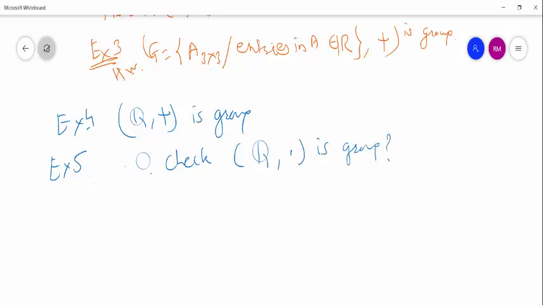Here the binary operation is given as multiplication. So we can say the closure property is satisfied, associative is also satisfied, identity property also satisfies.